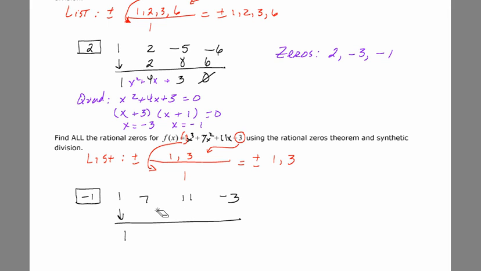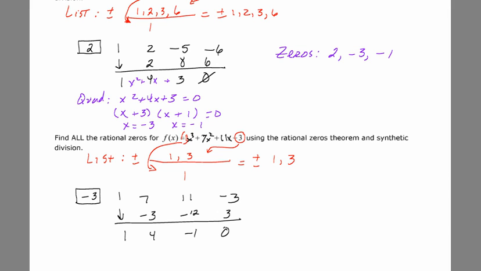Let's try negative 3. Aha, there it is. So I had to go through all of the values in my list before I found one that worked. Well, that's the first needle in the haystack.